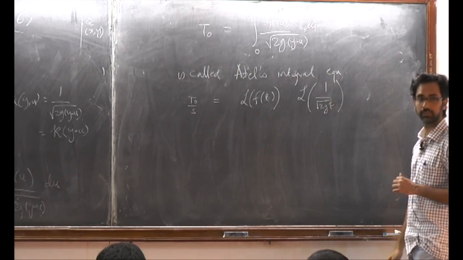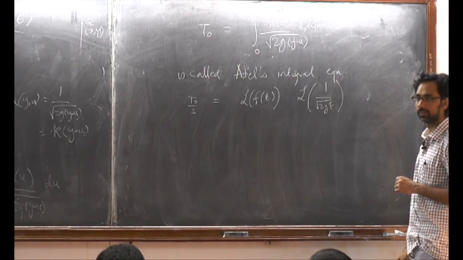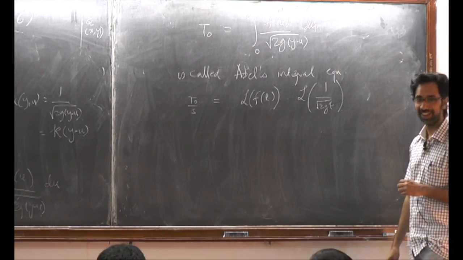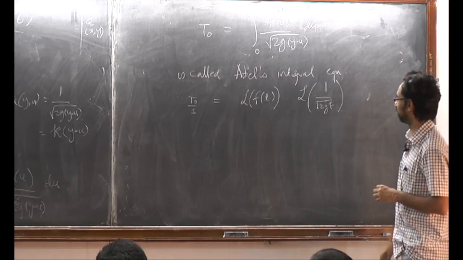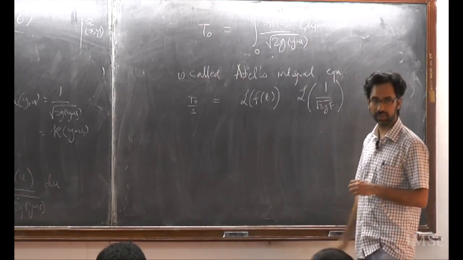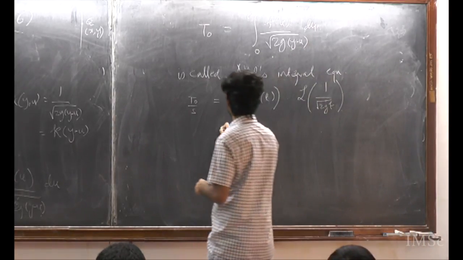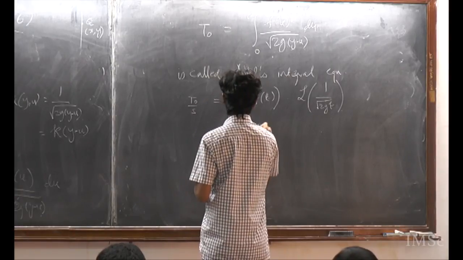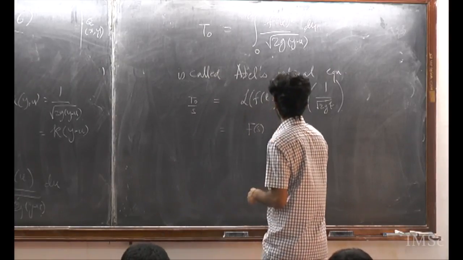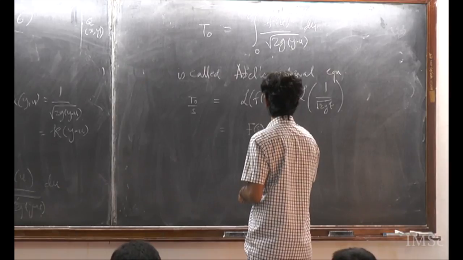I'm going a bit fast here because I don't have a lot of time, but if you check these steps you'll find that it's just the product of these two. So this is f of s, and this is 1 over root 2g.